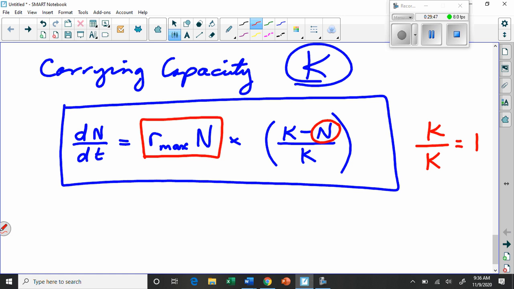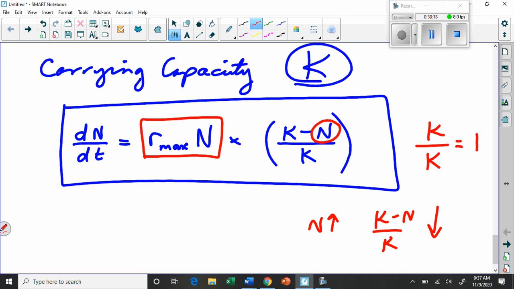As the population gets bigger, though, what happens is this turns into a sort of percent. Let's imagine an N that's about half the size of carrying capacity. Well, then this doesn't become 1, it becomes more like 0.5. So as N becomes larger, the value of (K minus N) over K gets smaller.